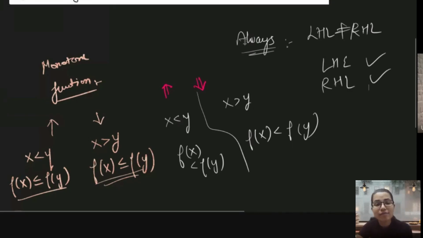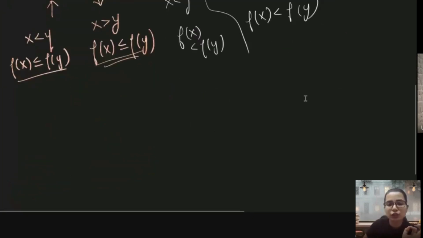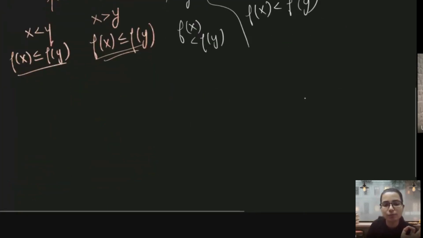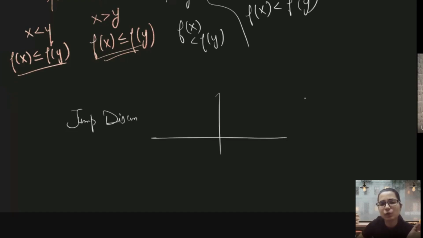So it does not have a discontinuity of the second kind. In the second kind, we said that LHL might not exist or RHL might not exist. So the only discontinuity monotone functions can have is the jump discontinuity. That is, the functional values do not match.